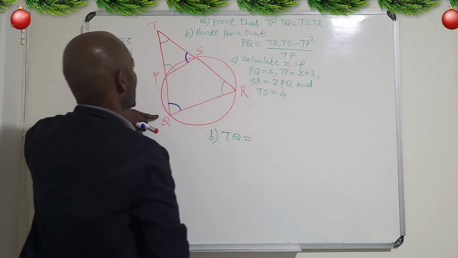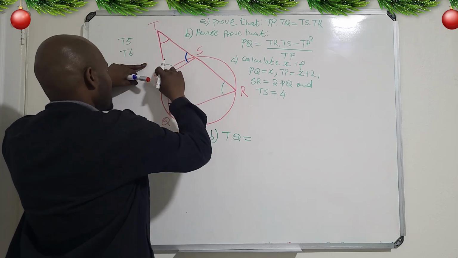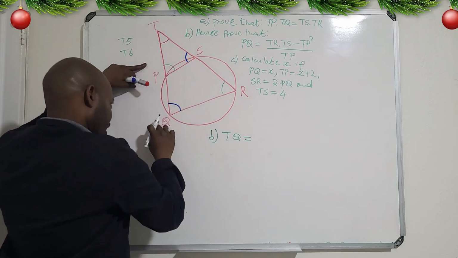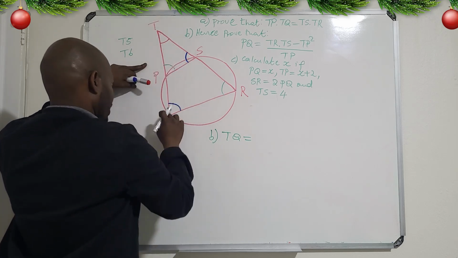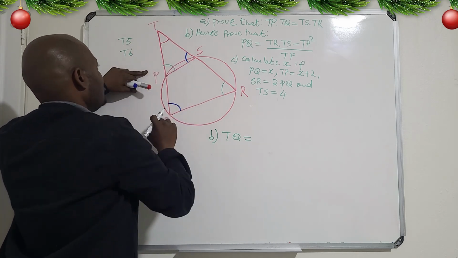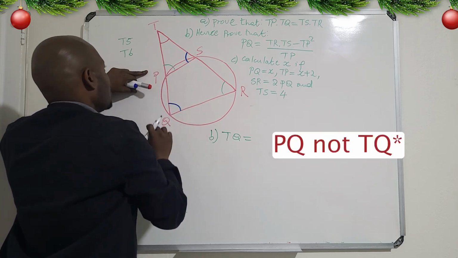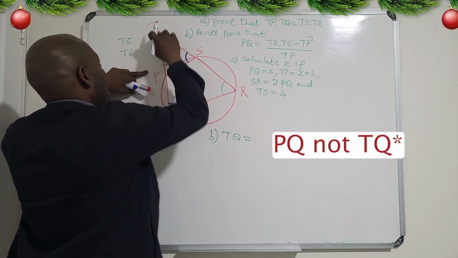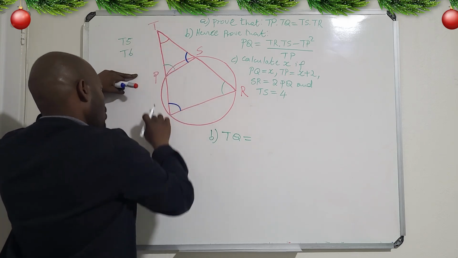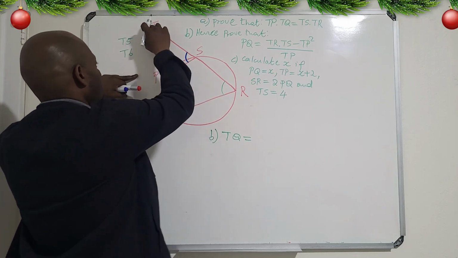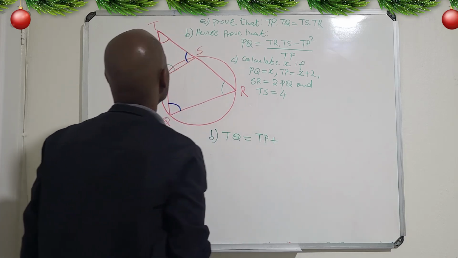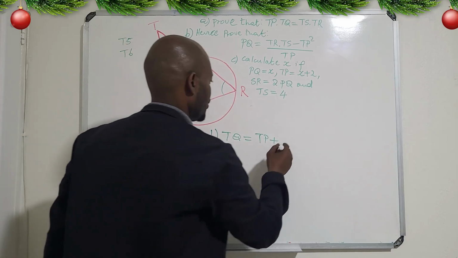TQ is equal to this plus that. If I add this length and this length, I get the whole of this length. Therefore, TQ is equal to TP plus PQ.